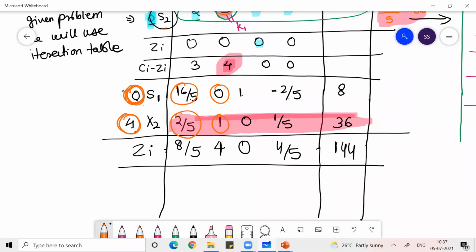Then 0 into 1 plus 4 into 0, you'll get 0. Then 0 into minus 2 by 5 plus 4 into 1 by 5, you'll get 4 by 5.